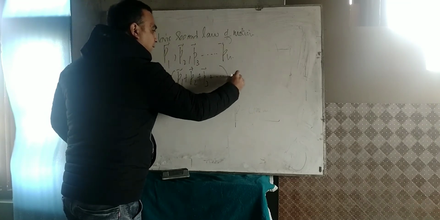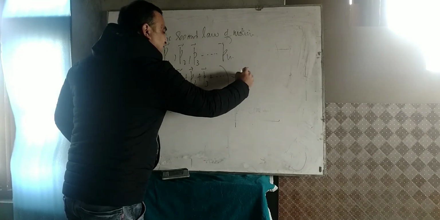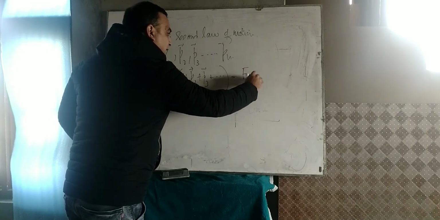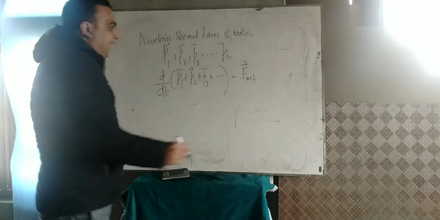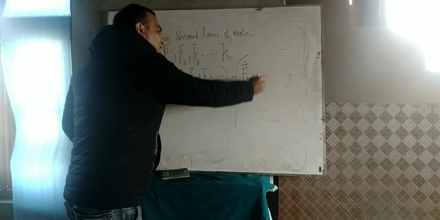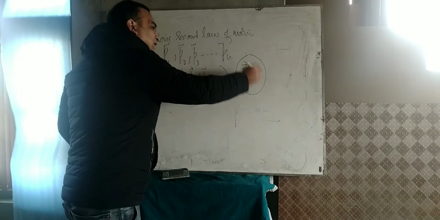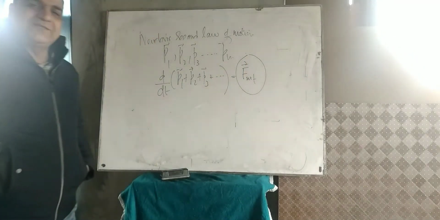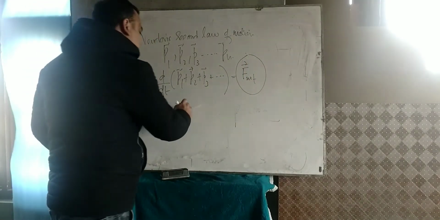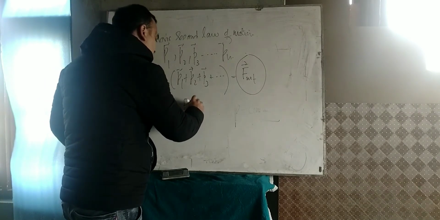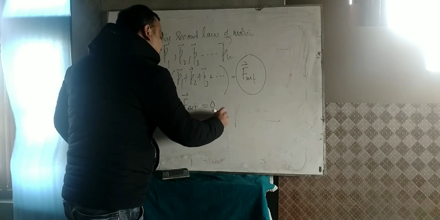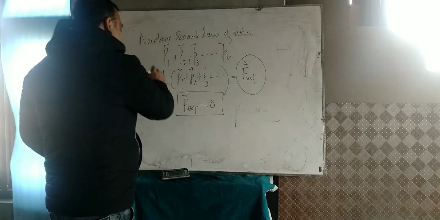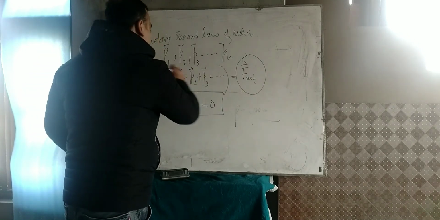That must be the net external force acting on it. And for the sake of argument, suppose this net external force acting on the system of particles is equal to 0. Now, if this is equal to 0, then this must be equal to 0.